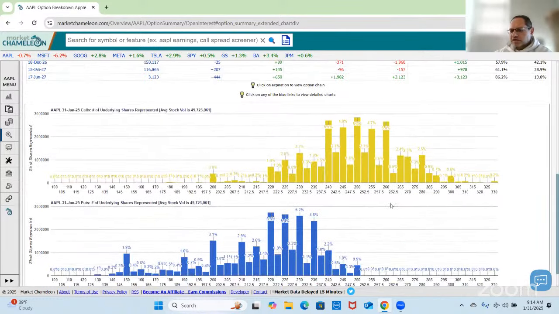But if it's a significant amount, let's say you have this out of the money option, like this 250 strike. What if the open interest on that 250 strike is so significant that once you cross that strike, it translated to 30 million or 50 million shares of stock, far exceeding even an average day.